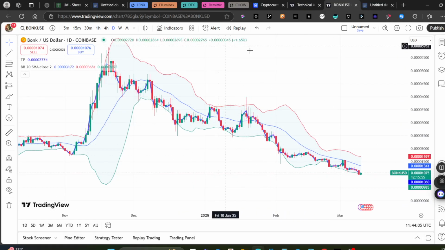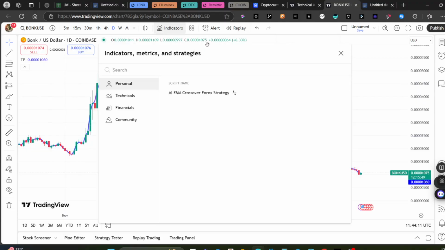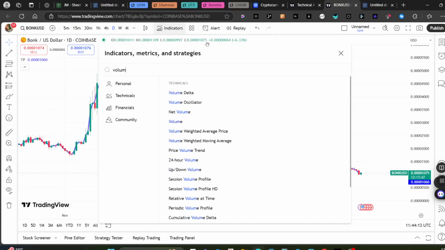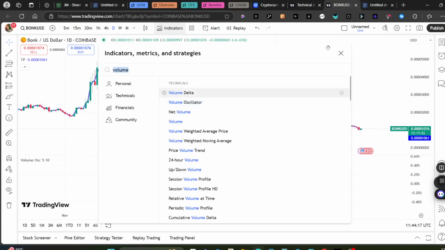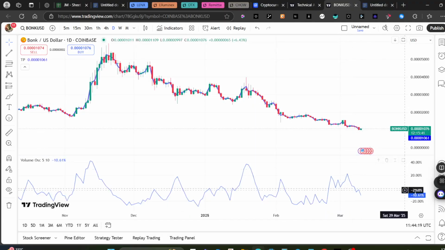And finally, you can use volume indicators, which help confirm whether a price movement has strong backing from traders.